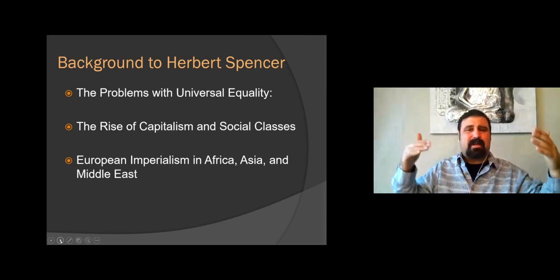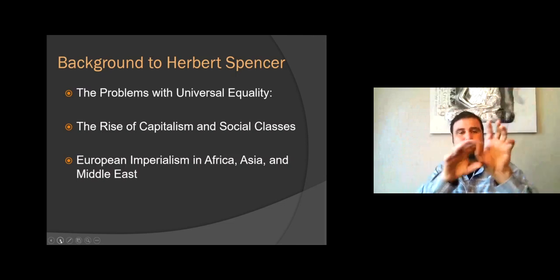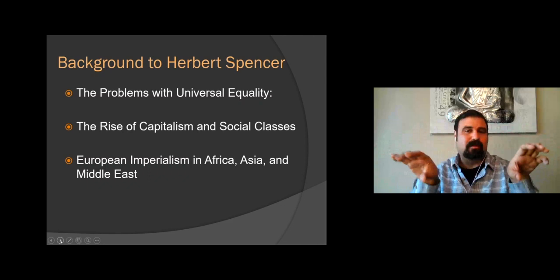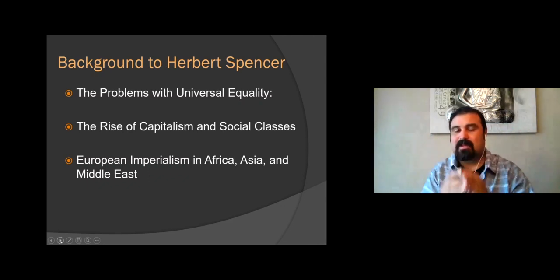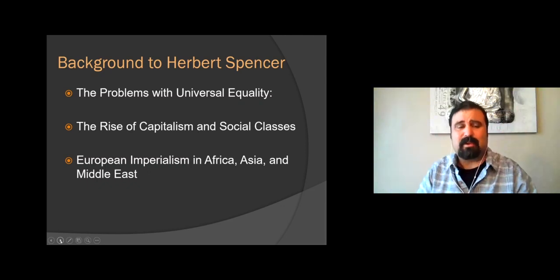They don't have the same rights as the colonizers, in other words, okay? So there is an unequal relationship between the empire and the colony, of course. Those are not equal. The mother country or the empire and the colony are not entering into an equal relationship with one another. This is, of course, very unequal.